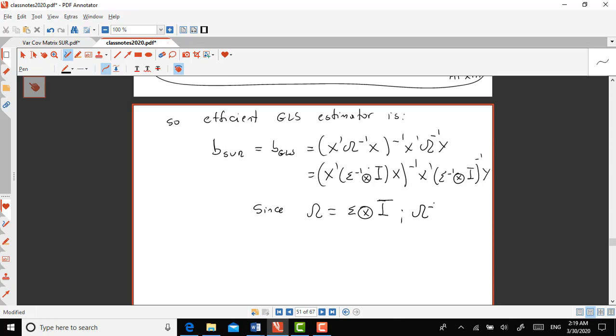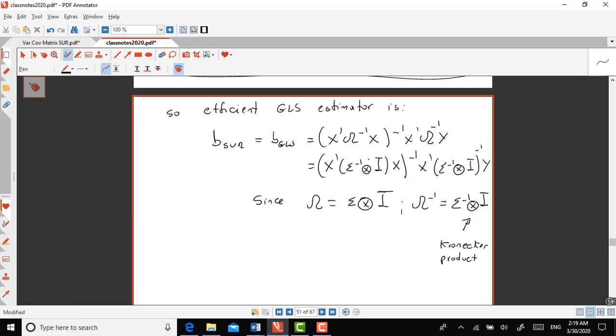And of course, the inverse of omega is the Kronecker product of the inverse of the matrix sigma and an identity matrix. So this is what's called the Kronecker product.